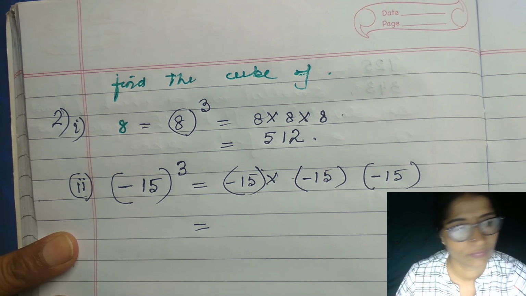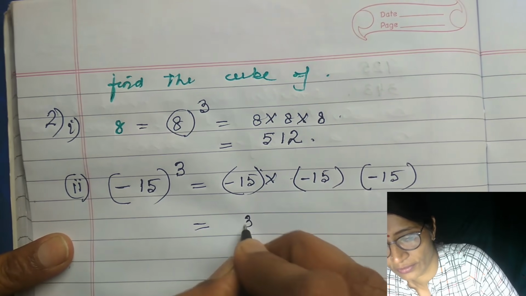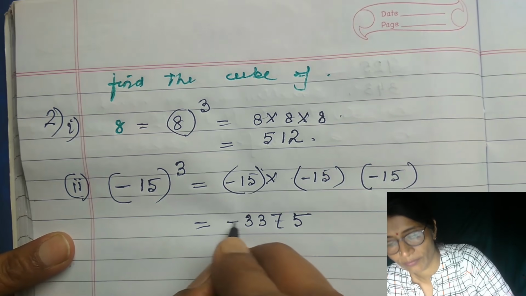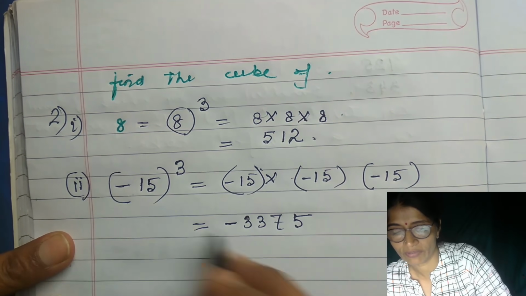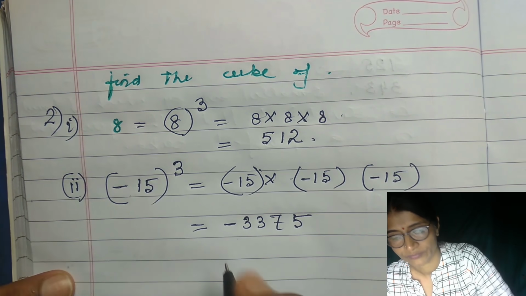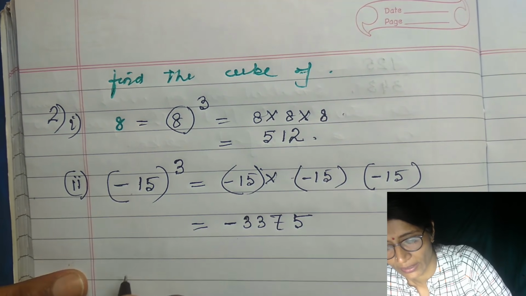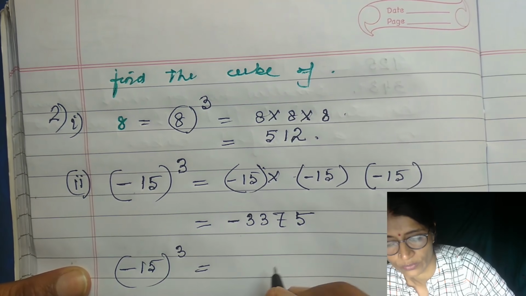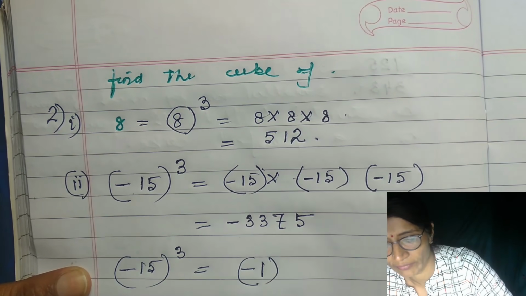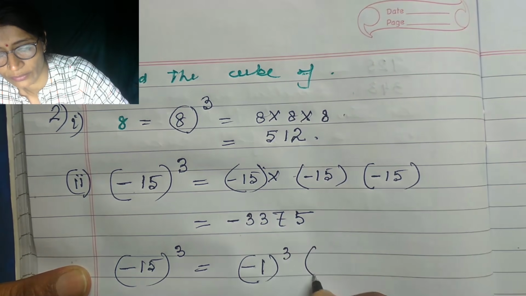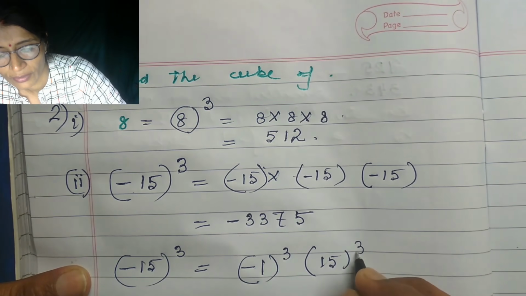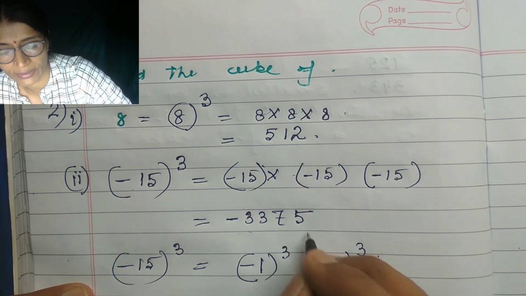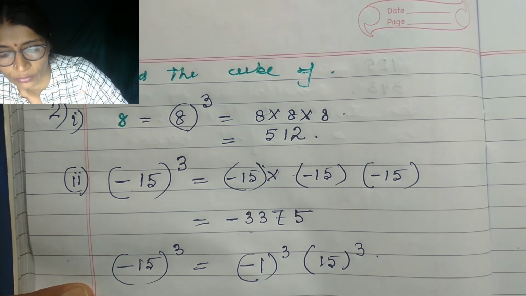It will be 3375, but since it is a negative integer, it will be minus. The cube of a negative integer will be negative, I said to you. I'll tell you why. Suppose this is this. I can write it this way also: minus 1 whole cube and then 15 whole cube. And minus 1 into minus 1 into minus 1 is minus 1, and then 15 cube. You can do it this way also, no problem.